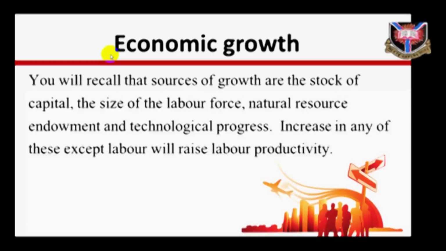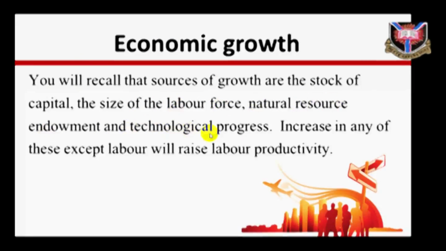In our earlier class, you were introduced to the concept of productivity. You will recall that sources of growth are the stock of capital, the size of labor force, the natural resource endowment, and technological progress.